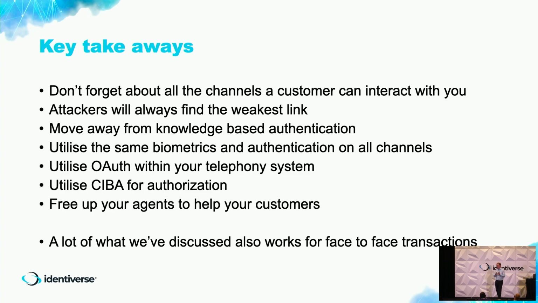But it's that phase where there's 10% of the operations you can't do, or you need to speak to an agent because it's your great grandma and she's not as digitally savvy. And that's a great case where using CIBA and push notifications is perfect. But you've got your great grandma who's not able to use a smartphone or doesn't have a smartphone.